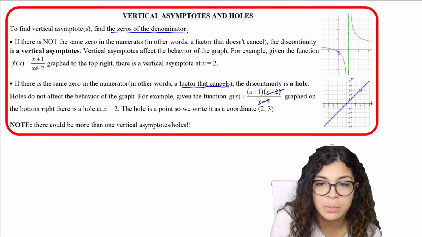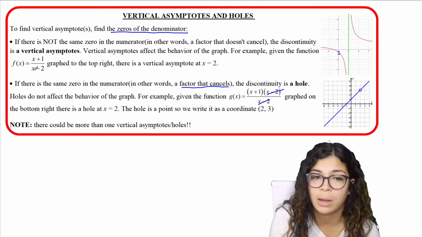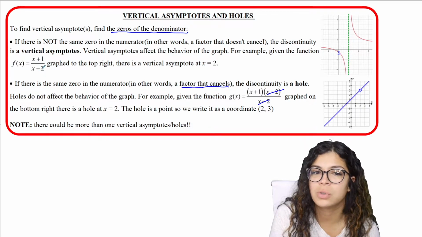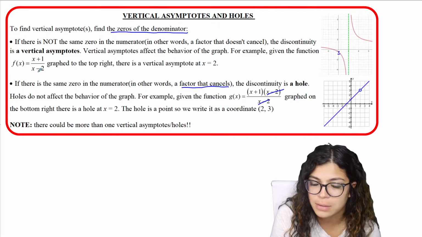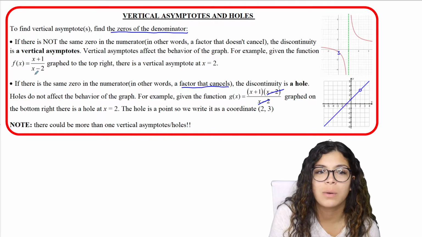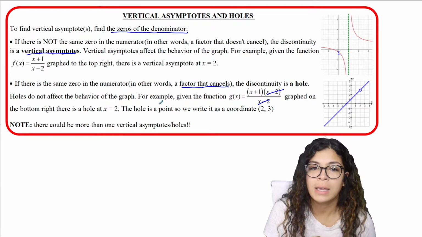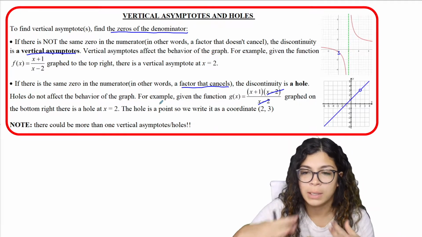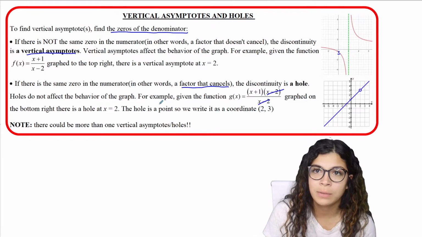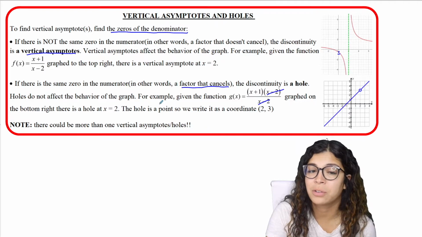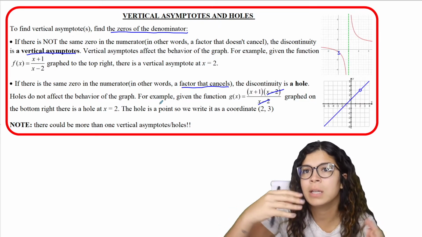If you notice here, we also have the denominator can't be 2, because then the denominator will be 0. But here, that x minus 2 factor doesn't cancel. So that's where you get the vertical asymptote. So in other words, what you do is you find what are the excluded values. If that excluded value came from a factor that you were able to cancel, it's a hole.